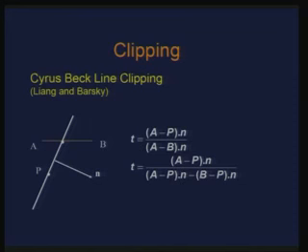Now, once I have done this, it is basically a matter of doing this with respect to all the edges. I can then redefine my A and B according to the point of intersection I get, and give that to the succeeding edge, the next edge. All I need to do is redefine these endpoints and go through the entire cycle of edges, and at the end of it I am done.